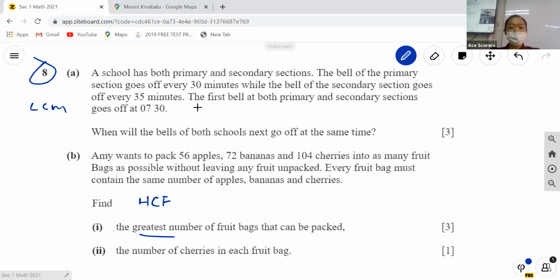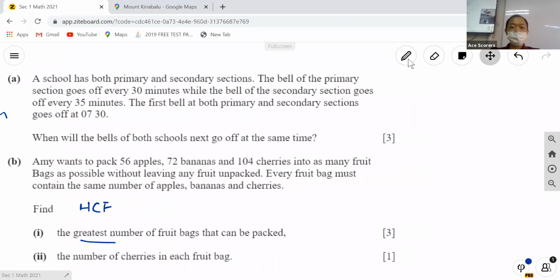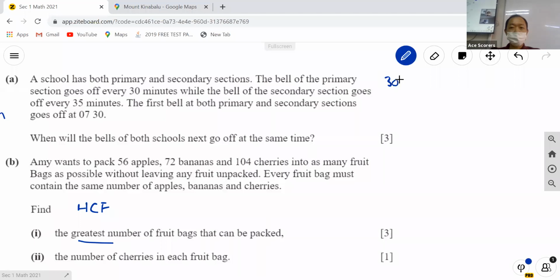So how to find LCM? We first have to do the index notation. So 30 equals 2 times 3 times 5, and 35 equals 5 times 7.